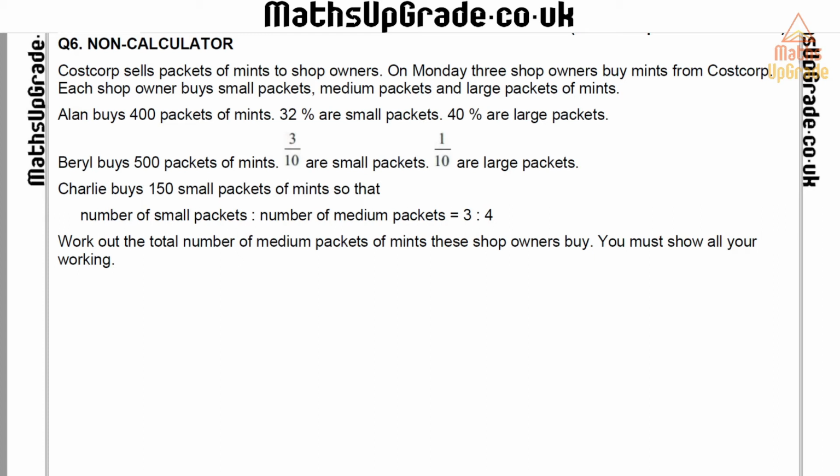Charlie buys 150 small packs of mints, so that the number of small to the number of medium is 3 to 4. Work out the total number of medium packs of mints that the shop owners buy, and you must show all your working. Like the previous question, this question involves percentages, fractions and ratios. I've also got 3 different people involved, so I'm going to split my working into 3 different columns.